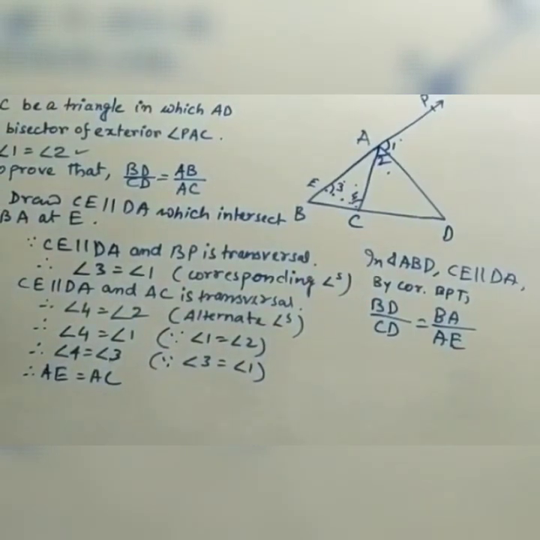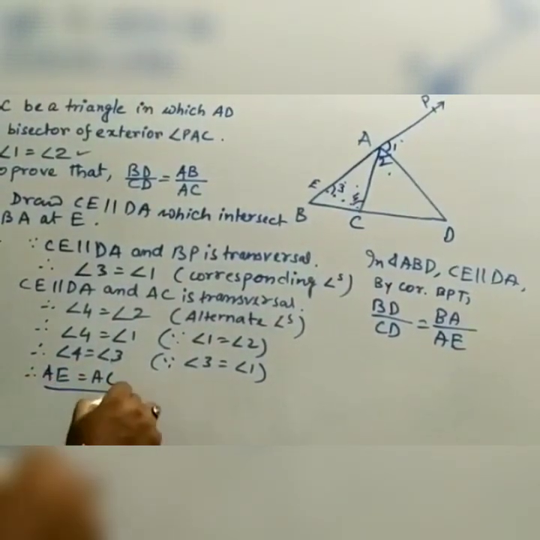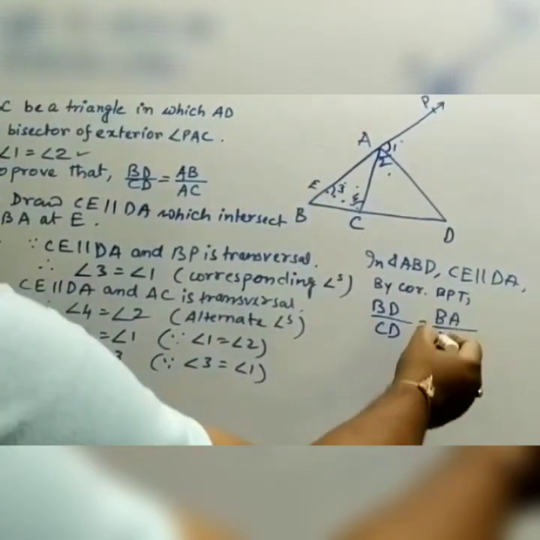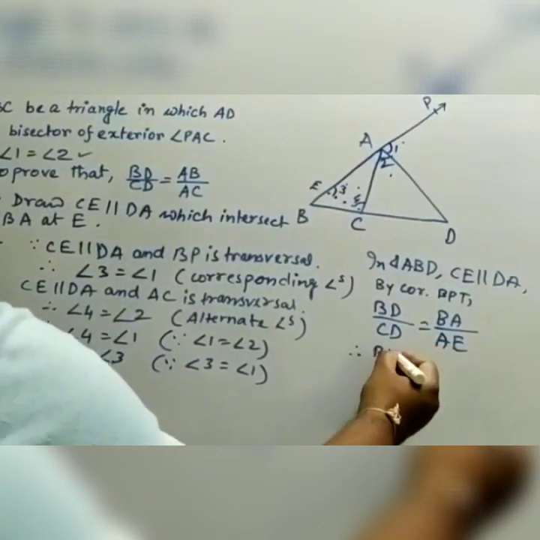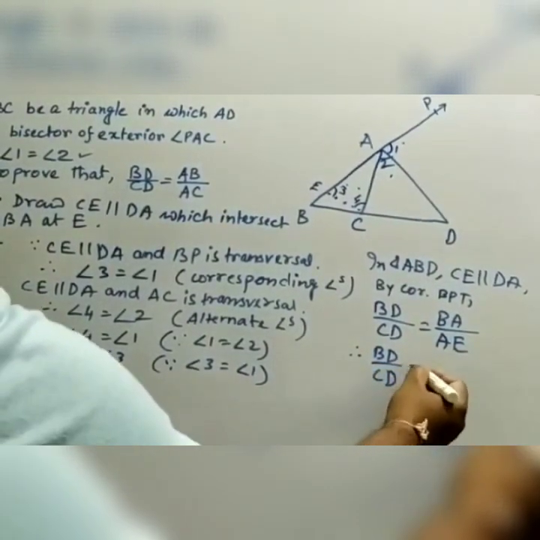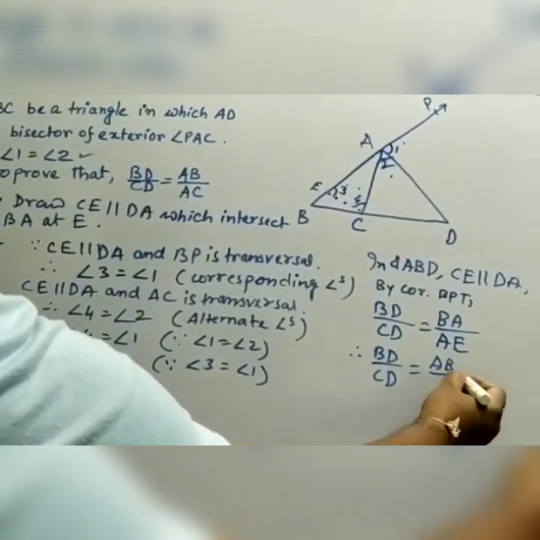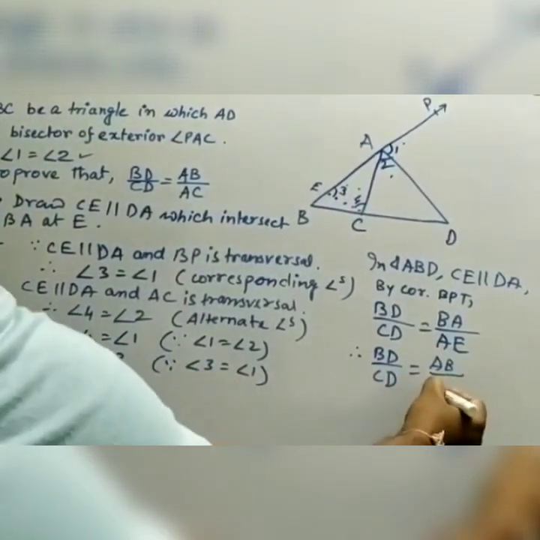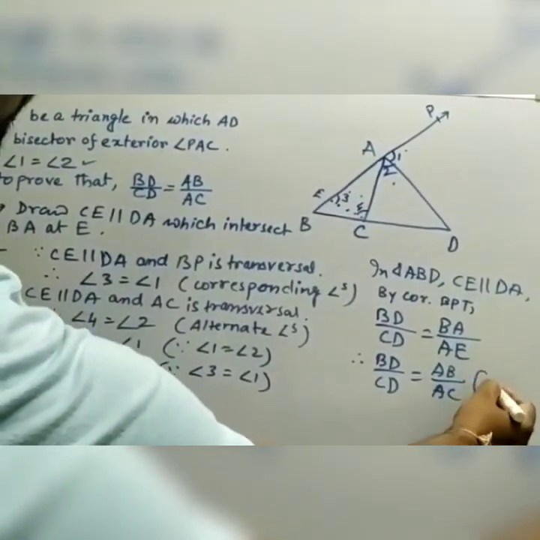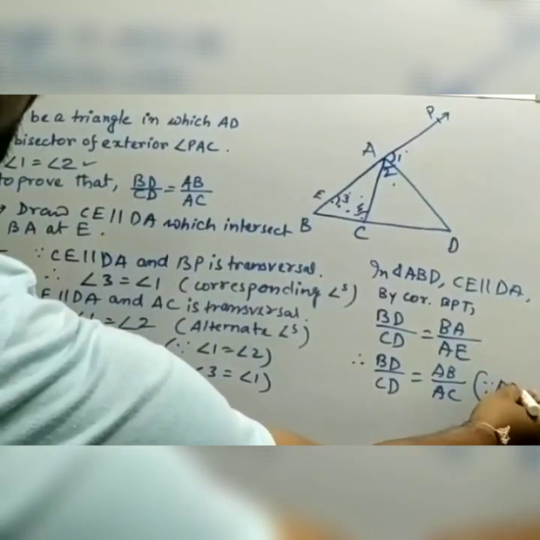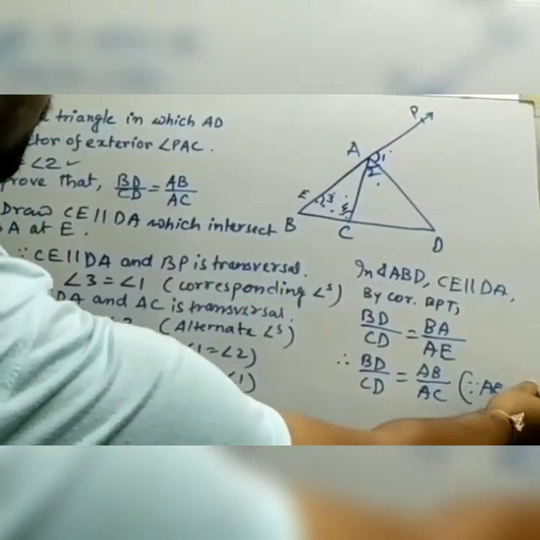Now we will replace AE by AC, and BA will become AB. So BD by CD equals AB by AC, because AE equals AC.